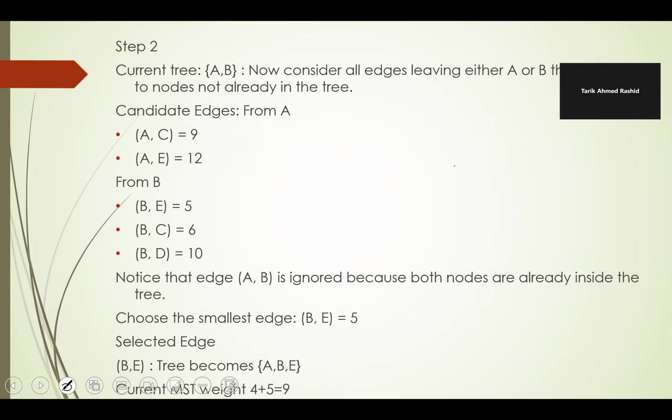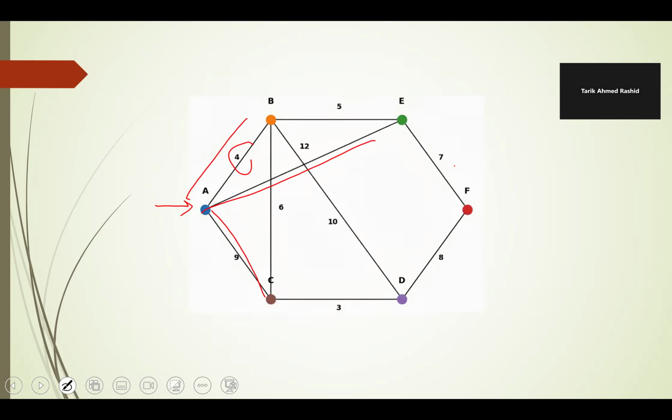Now, next, we include whatever is coming from A: AC 9 and AE 12 from before. And from B, we have BE 5, BC 6, and BD 10.